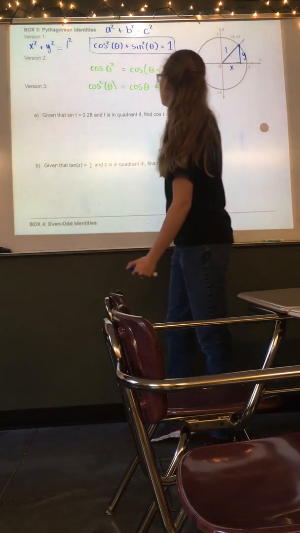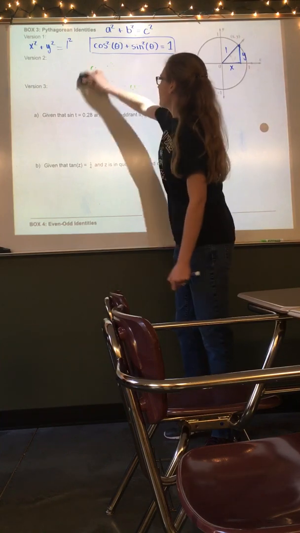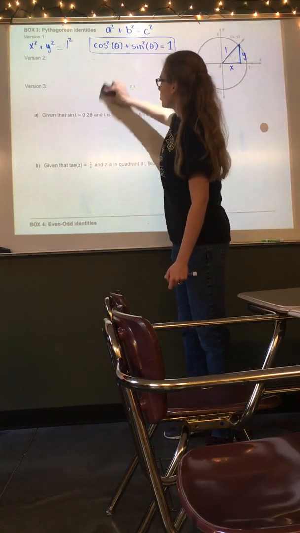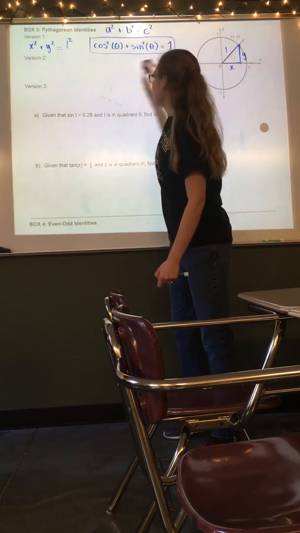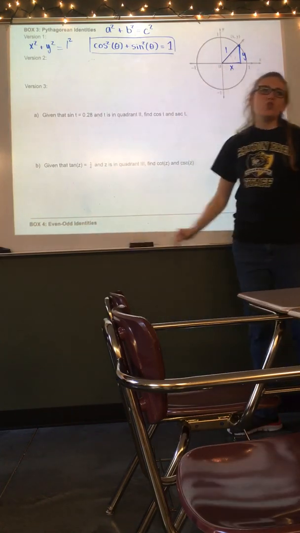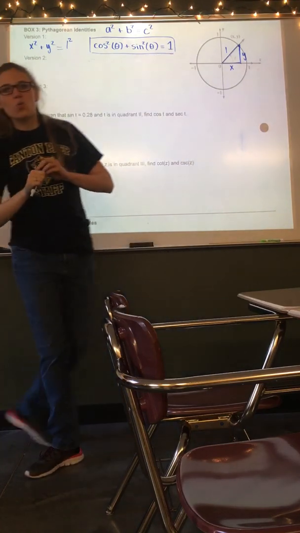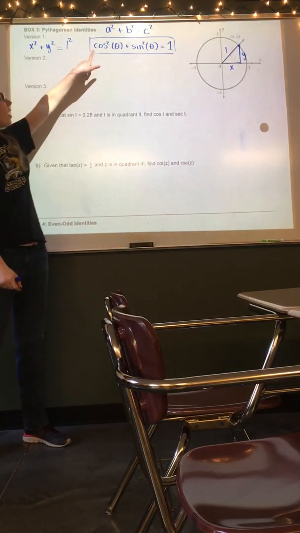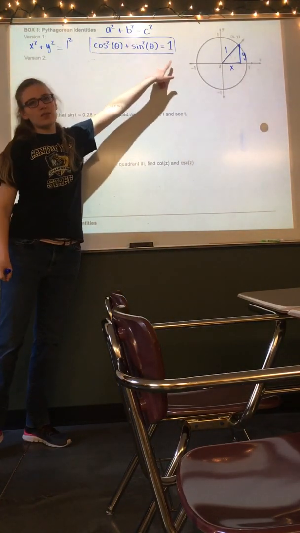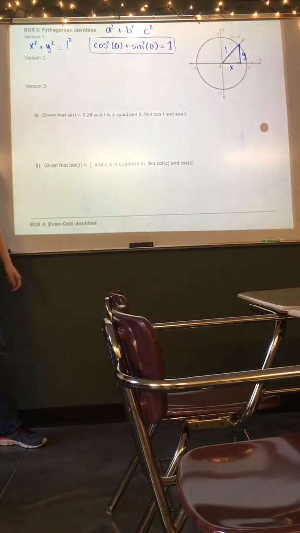Now, sine squared plus cosine squared equals 1. That's one of the most important identities out there. There are 2 other versions of this Pythagorean identity. I want you guys to watch what happens if I divide everything in this equation by cosine squared.